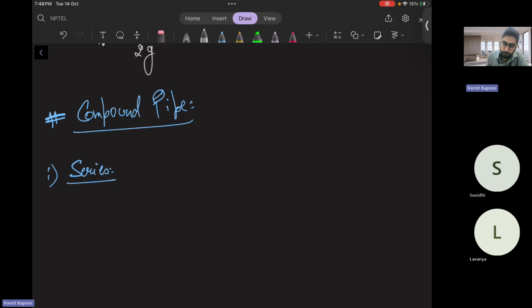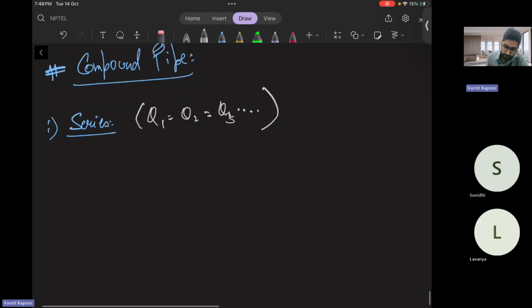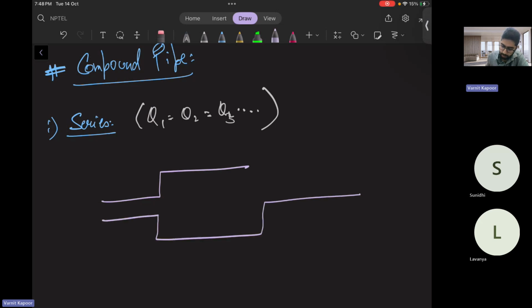Series means your flow rate is always the same. Suppose I have a scenario like this, where pipes are connected like this. Here, whatever the flow rate is, the flow rate will be the same here, and here also the flow rate will be the same.